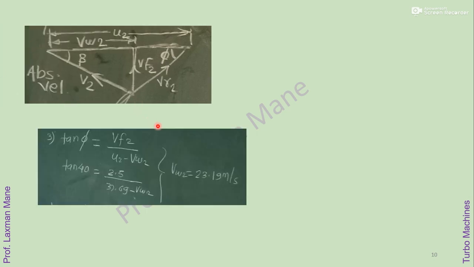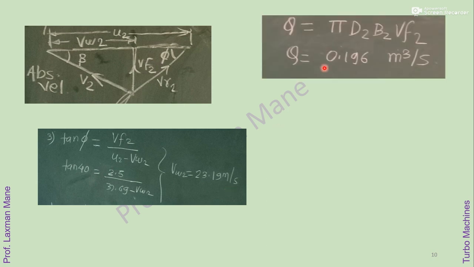From outlet velocity triangle, using tan phi relation, means vf2 divided by u2 minus vw. Here putting the value of phi, vf2 and u2, we find value of vw2. Finding discharge, formula pi d2 b2 vf2.